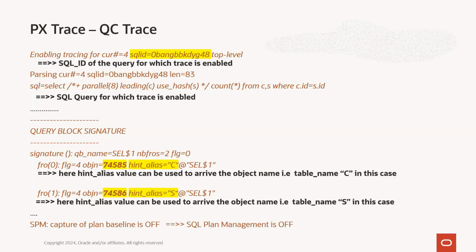We can see both the object ID and the hint over here. 74585 is for the table named C, and 74586 is the object ID of the table named S. We gave hint aliases C and S, which can also be seen here. SPM is SQL plan management, and it will show whether it is turned on or turned off.